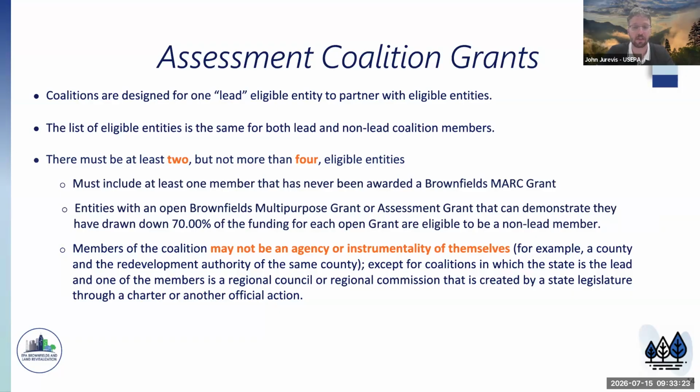That threshold can change. It has changed in the past, but 70% was last year. And then there can't be multiple agencies from the same entity. So if you want your lead entity to be a county, for example, the redevelopment authority of the same county can't be a coalition member.